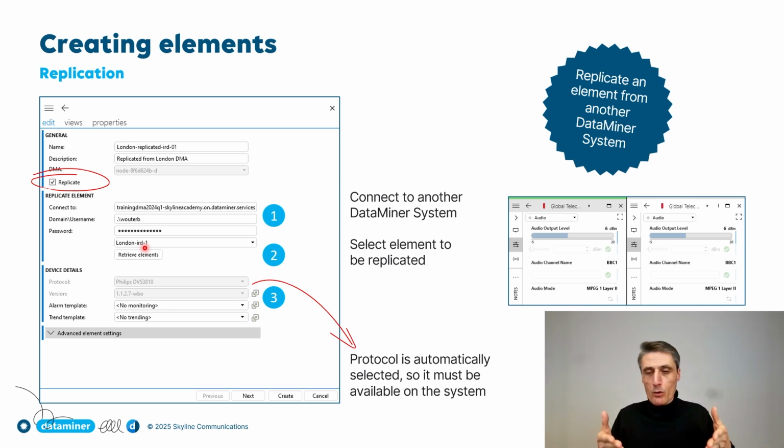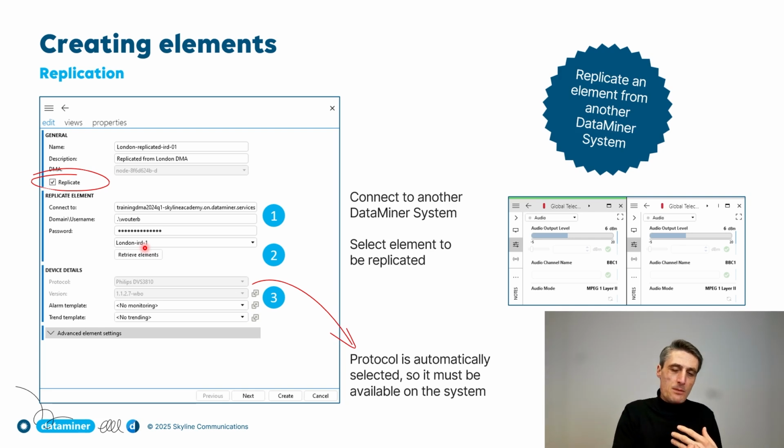The only problem or downside you have is if you add it on both DataMiner systems, they will both be polling the elements. And remember that I mentioned before, if you are polling too fast on one of those elements, it is possible that the element will suffer, and there is a certain load on the CPU, there is a certain load on that interface.